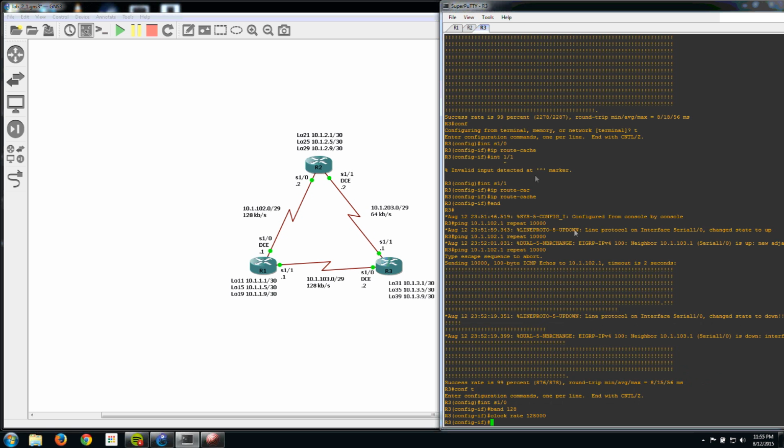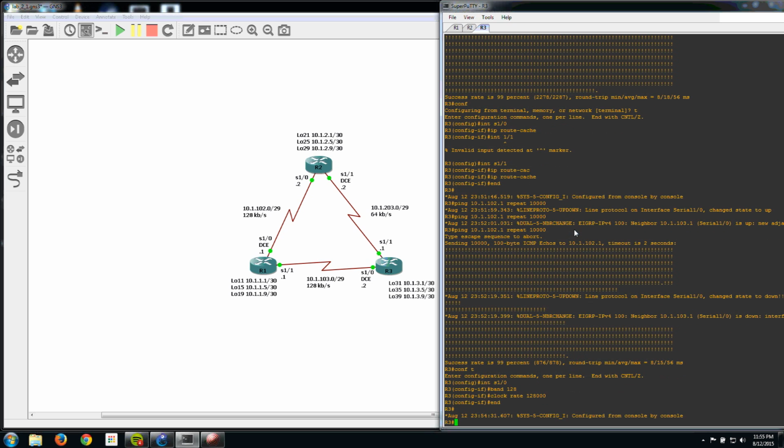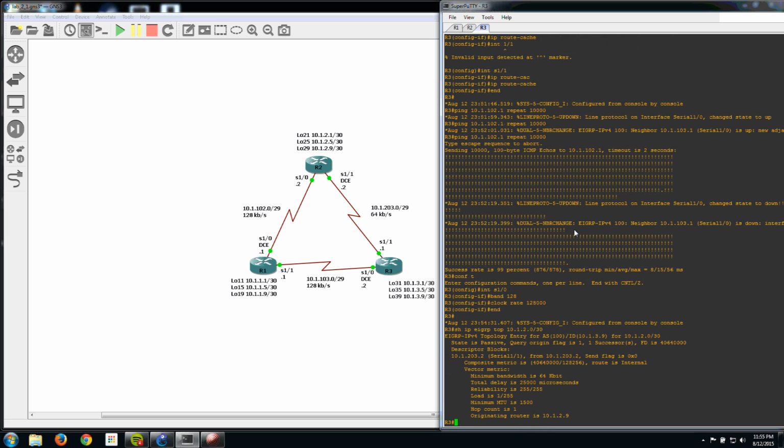So now let's take a look at the topology table for 10.1.20.0/30. Right now, only seeing one.